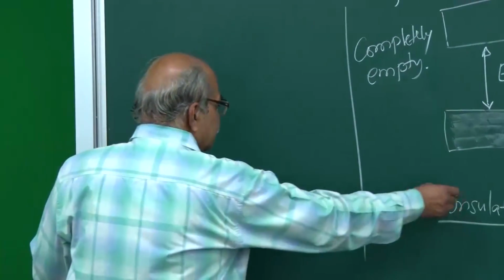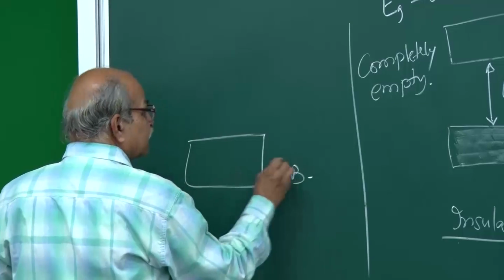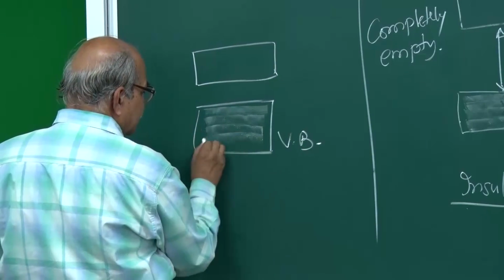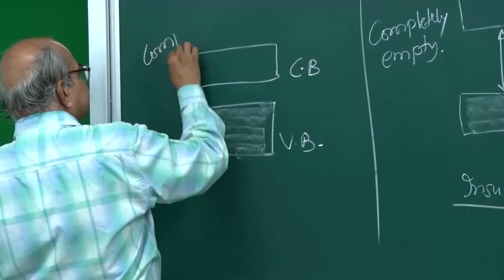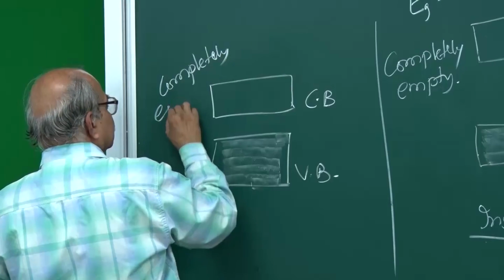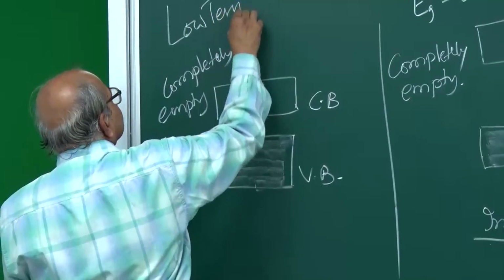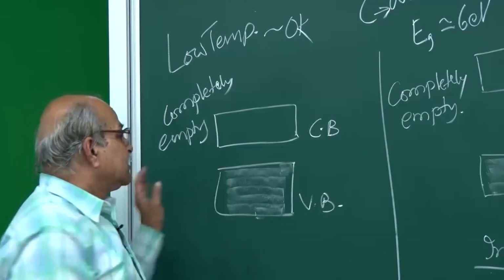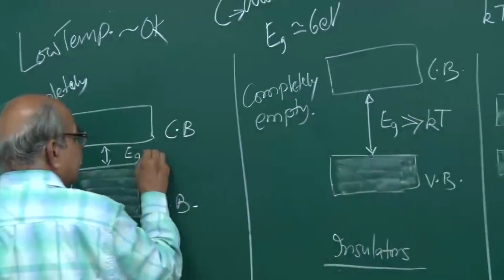And then the third class is you have similar structure, you have this valence band, and then you have this conduction band, and once again valence band by definition it is completely filled, but this conduction band is again completely empty at 0 K. Okay, I am talking of low temperatures, 0 K. But this gap Eg is not very large as compared to kT.